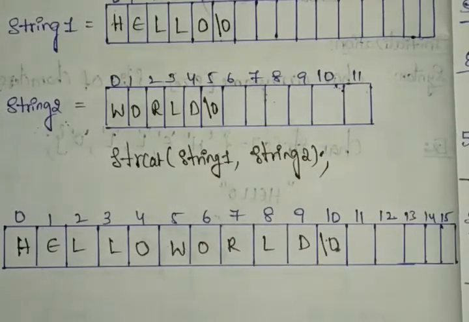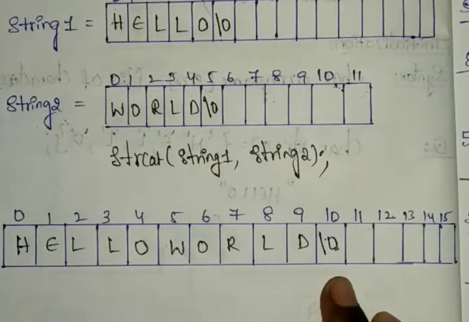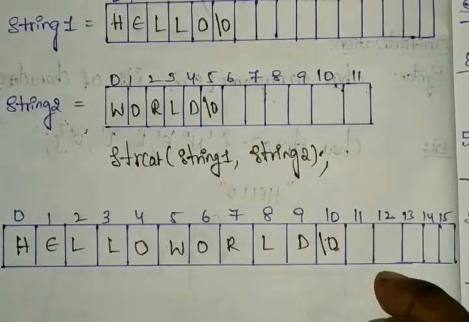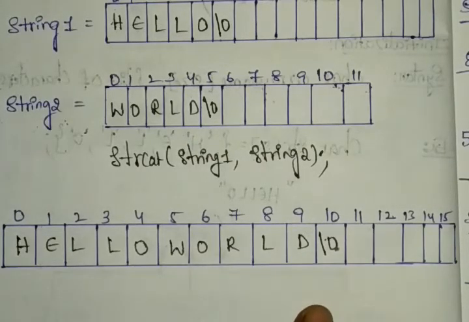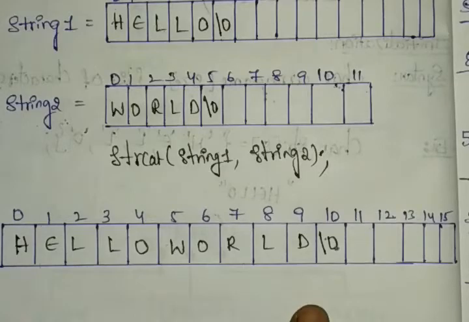After that the rest will be empty. There is no problem, you just end with the \0, and you can easily identify that our string ended here. This is the first one, strcat, which concatenates two strings.